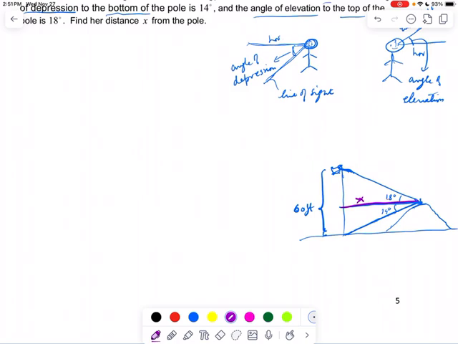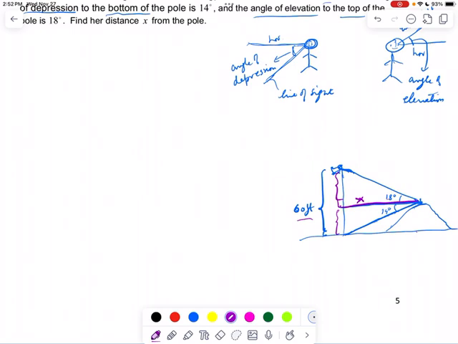We don't have any other side known. But this 60 is something that should help us see which trig ratio we will use. Because we don't know the height of the hill, we don't know what is this much and what is that much.